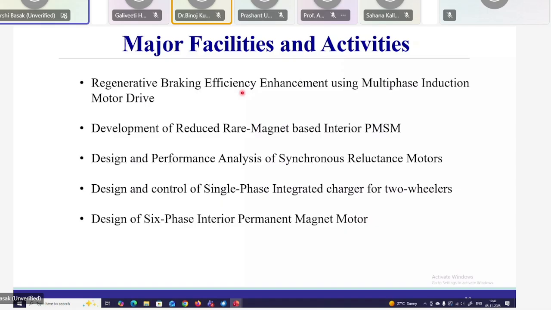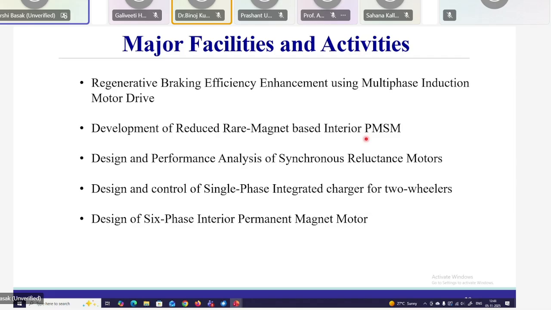Then we have development of a reduced rare earth interior permanent synchronous machine, which we developed in collaboration with one industry. The project was funded by METI.